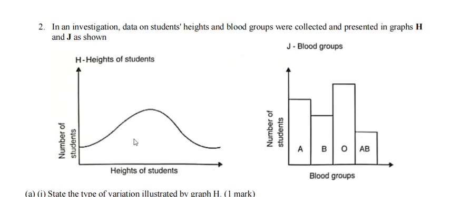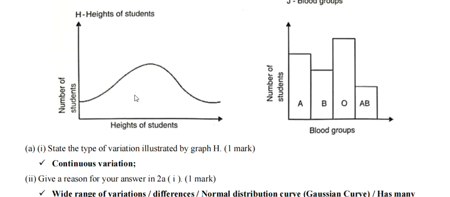Question 2. In an investigation, data on students' heights and blood groups were collected and presented in graphs H and J as shown.